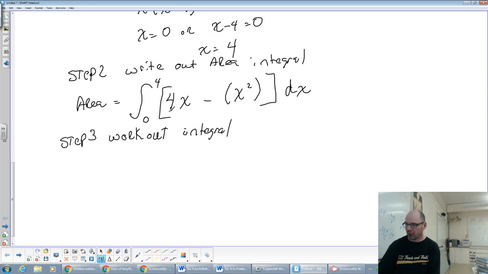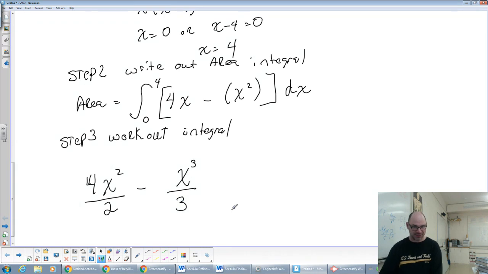Okay, so we're going to go ahead and do this. Okay, so it would be 4x would be 4x squared divided by 2 minus, okay, this would be x cubed over 3, okay, plus c.